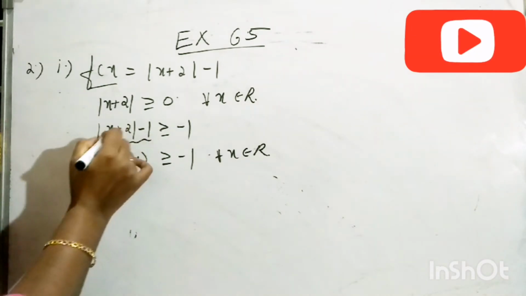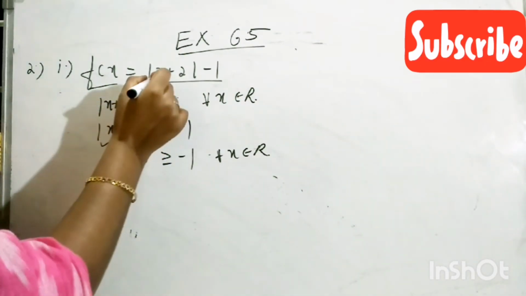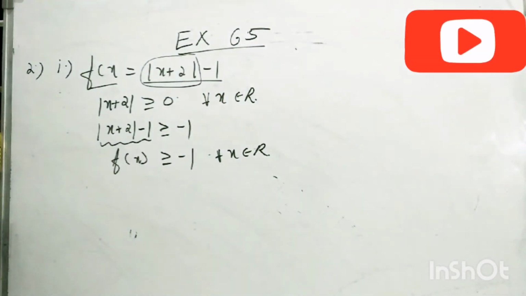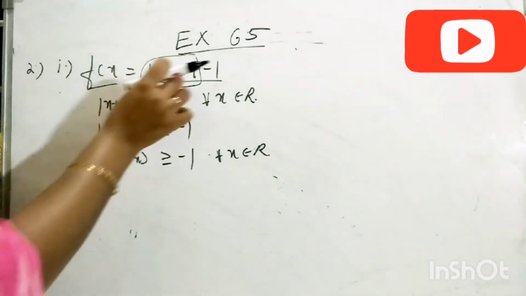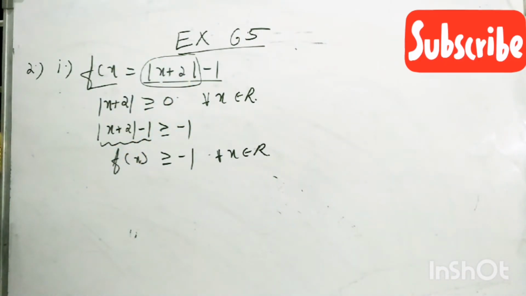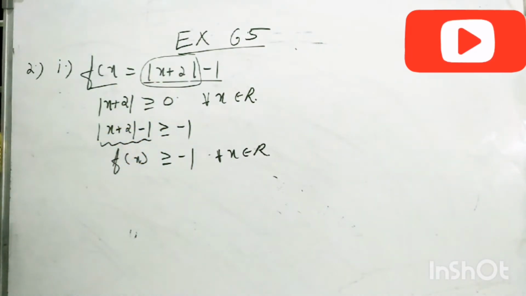When will we get this minus 1? Just look at this function. If this part becomes 0, then we will get f of x is equal to minus 1. We need to get 0 inside this modulus. How will we get 0 inside this modulus? When x becomes minus 2.